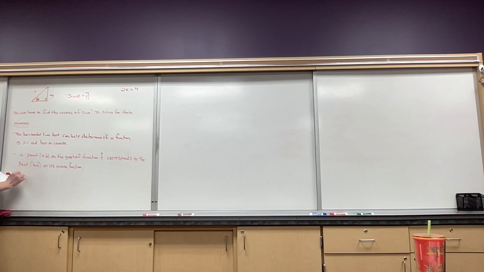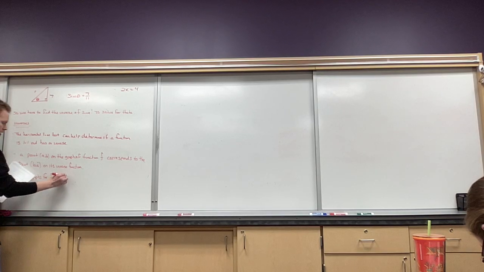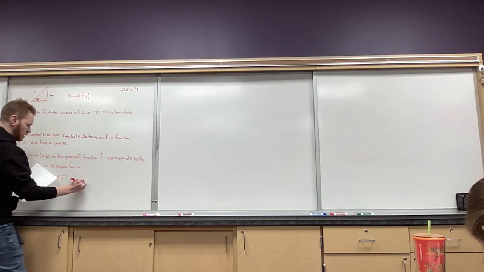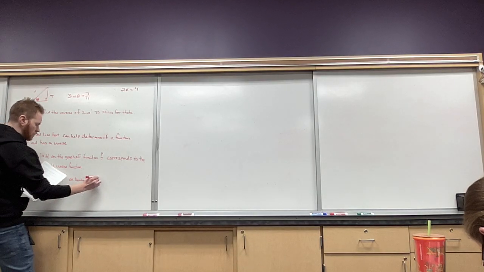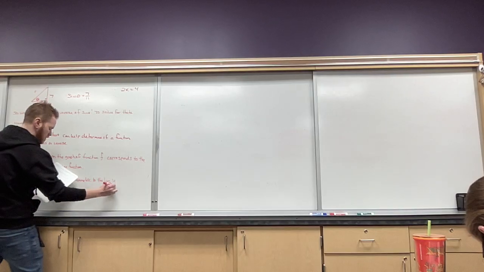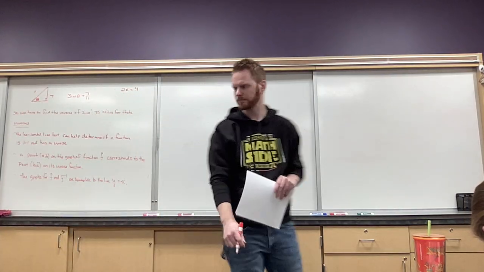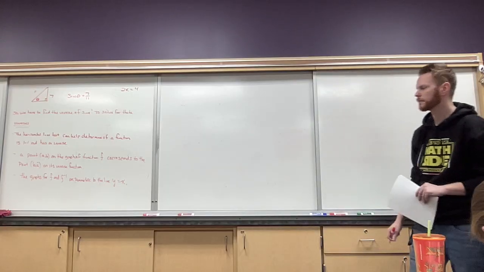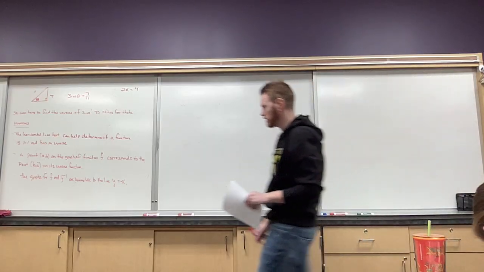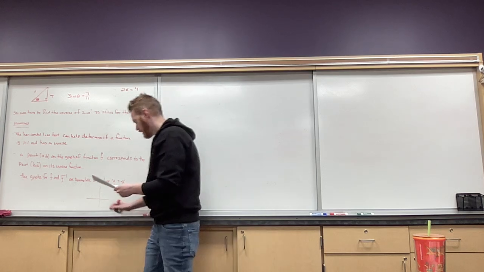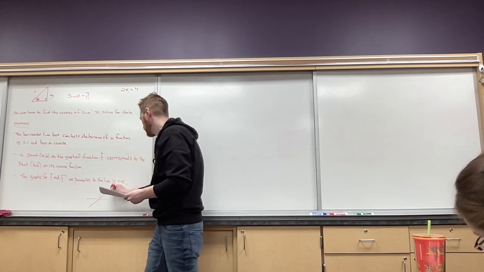The last little fact that we talked about in the past: the graphs for f and inverse of f are symmetric to the line y equals x. So it almost looks like a reflection of some sort. I'll give you a small little picture underneath it. So if I had, here's my line.